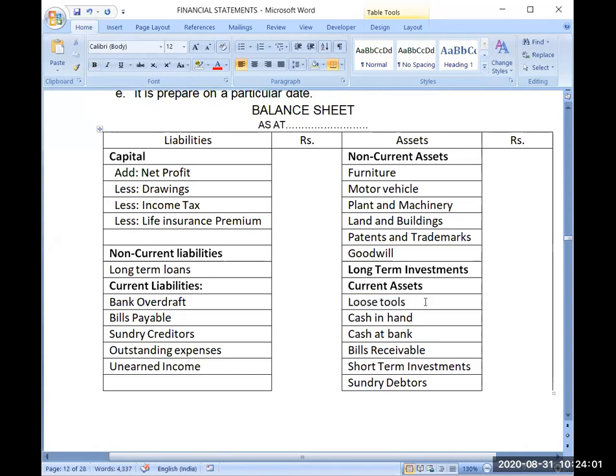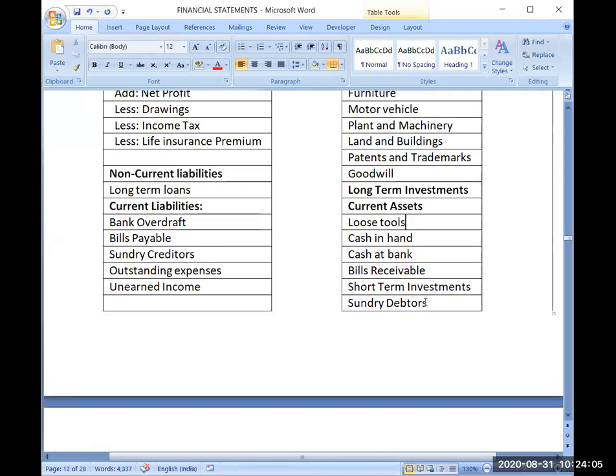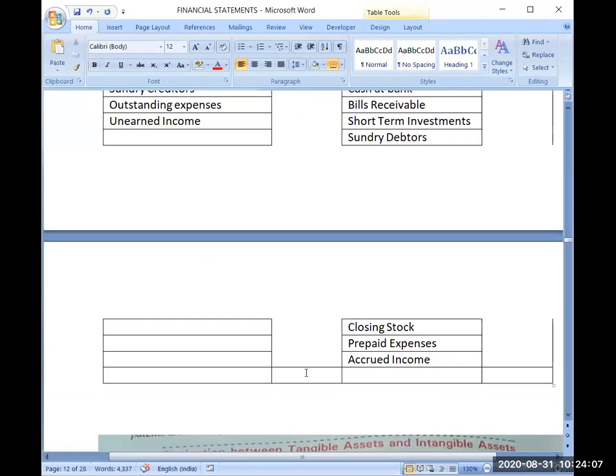In the balance sheet, one query is there: assets and liabilities balance should match. Yes, this point is there. What is the final thing? Here you will total all the liabilities. Let me show you. Suppose the total of all the liabilities is coming 1 lakh. So this total should also be 1 lakh.